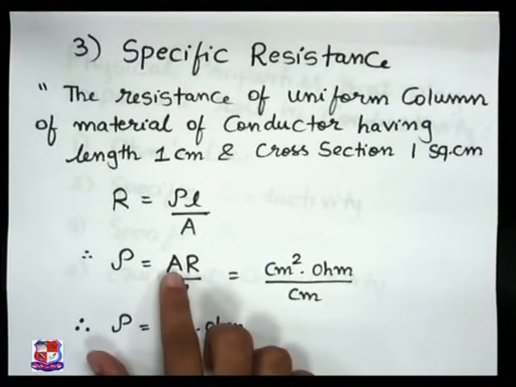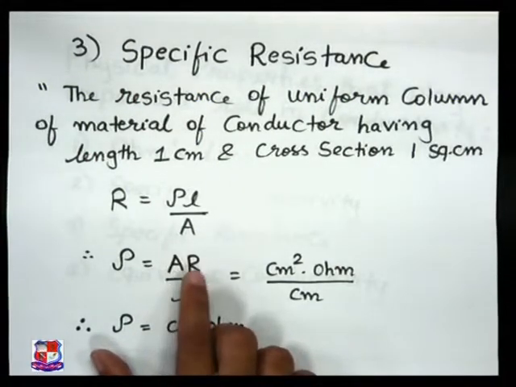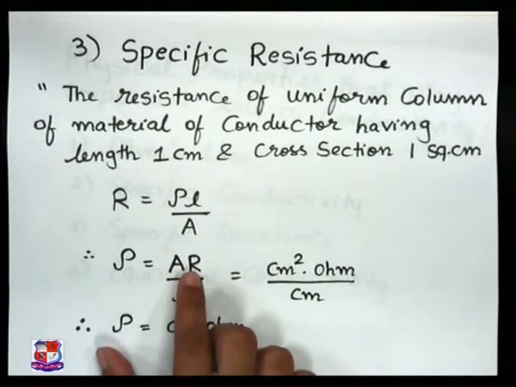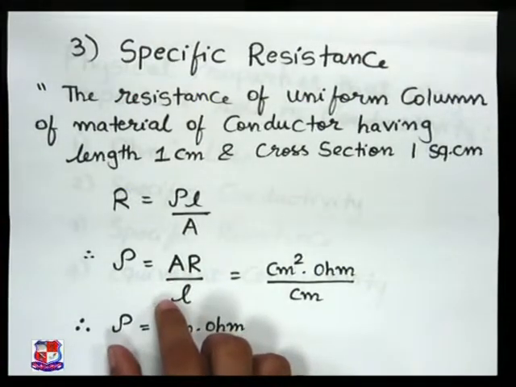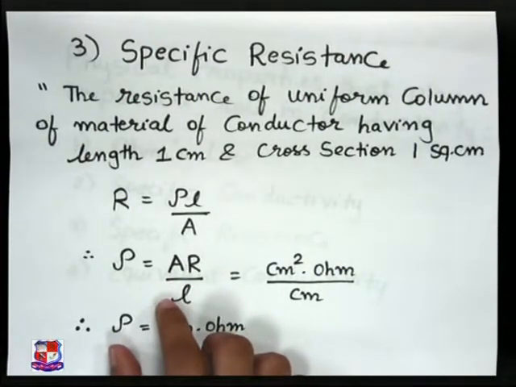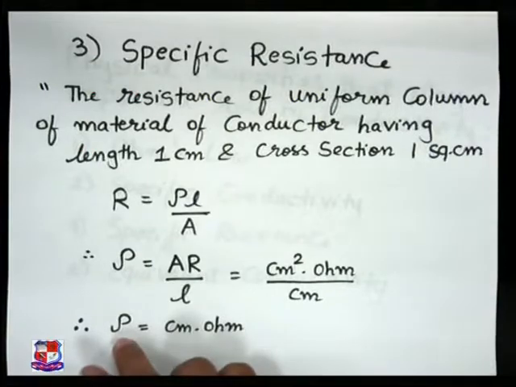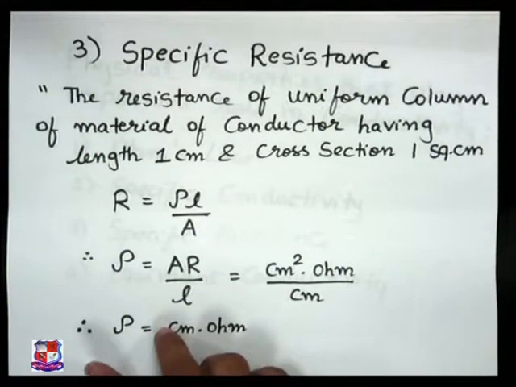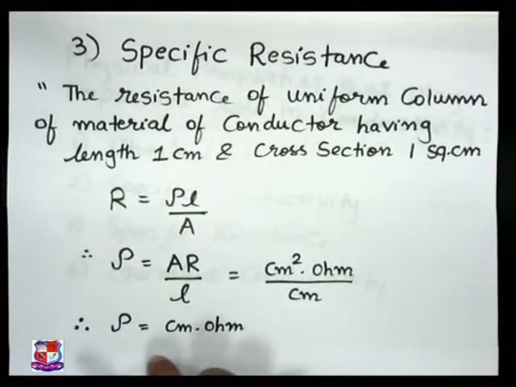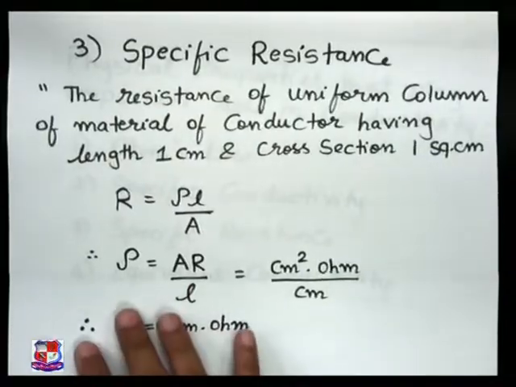The area unit is centimeter square, resistance unit is ohm, and length unit is centimeter. So I can write rho equals centimeter dot ohm, that is the unit of specific resistance.